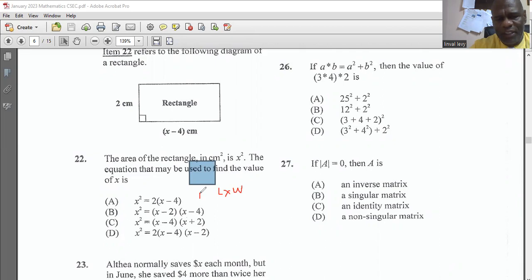So right, A. That would be x minus 4 times 2. Right? So it's 2 times x minus 4 equals x squared, our answer would be A.